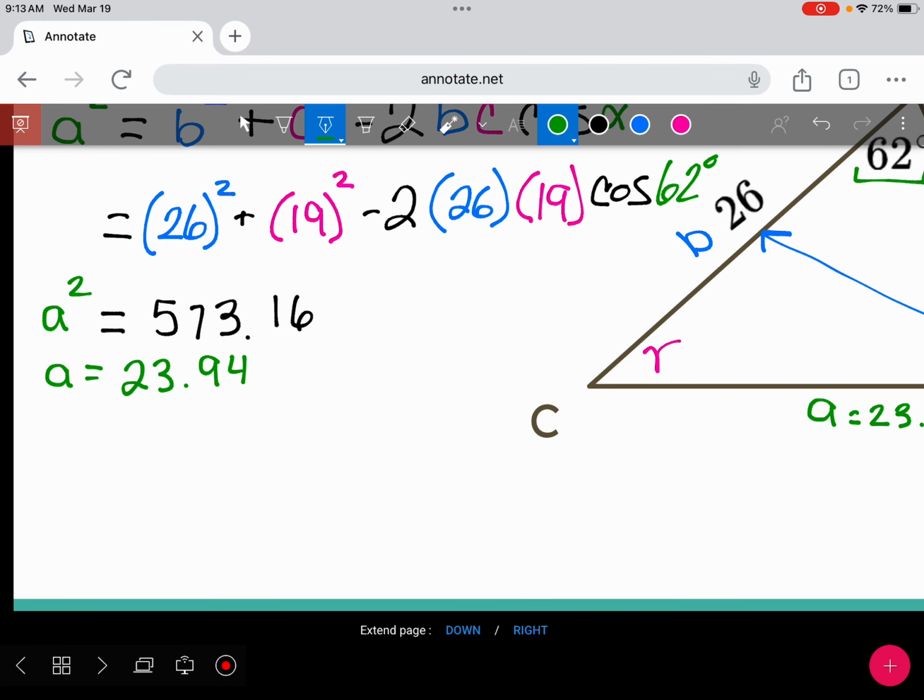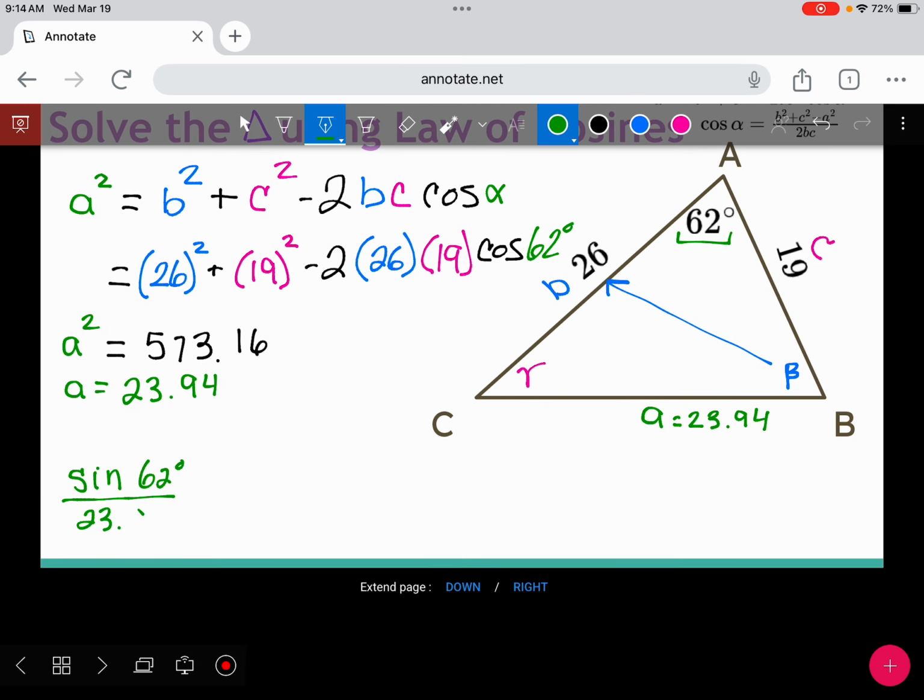Since we're looking for beta, the angle, we're going to set it up with our angles on the top. So we're going to have sine of 62 degrees over 23.94. That's our A. And to find beta, that's sine of beta over 26.